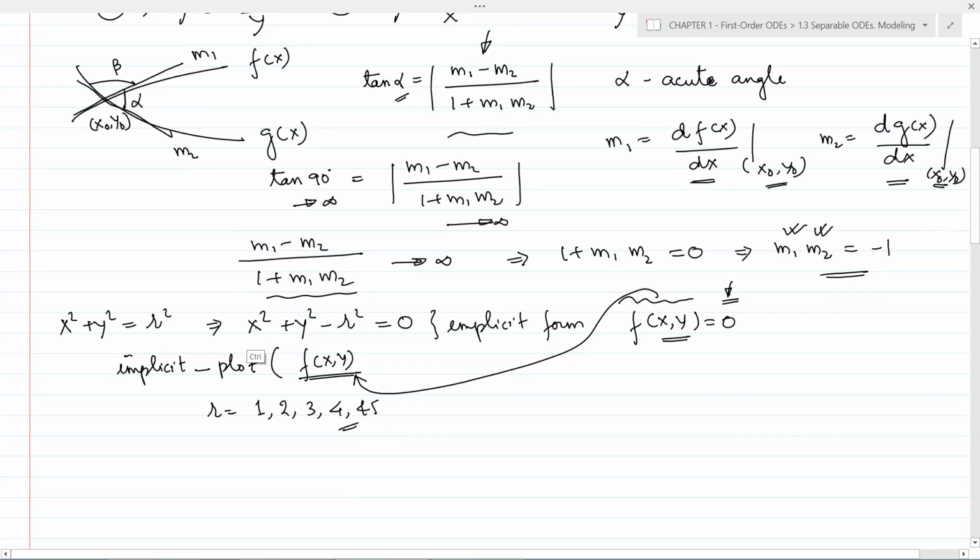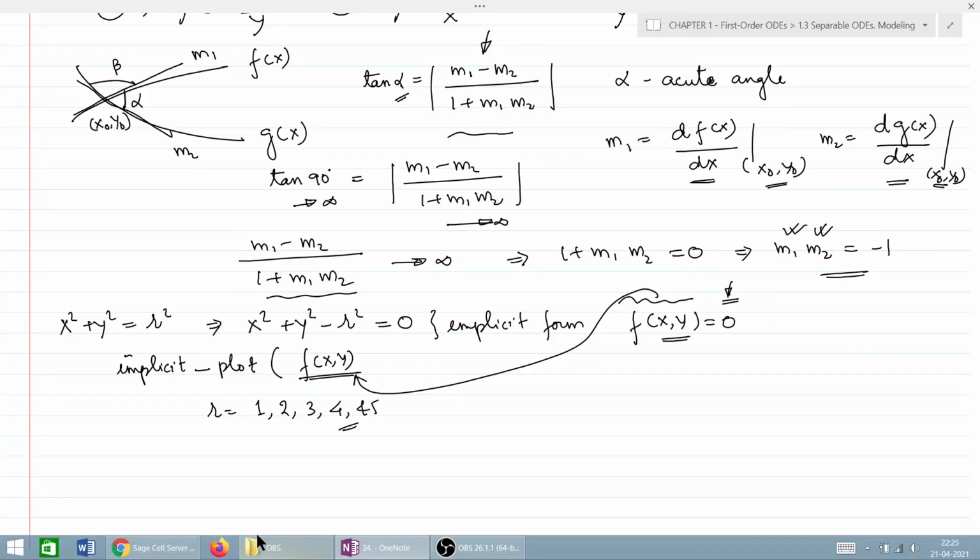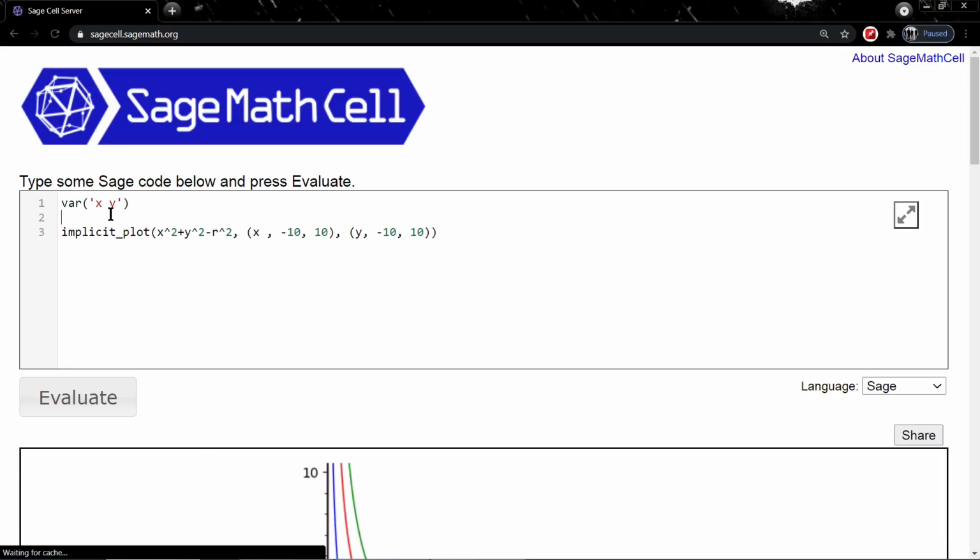For r equal to 1, the circle will be x square plus y square minus 1 equal to 0. For r equal to 2, it will be x square plus y square minus 4 equal to 0, and so on. For this, we will use the for loop. We write for r in range 1 to 6 with increment of 1.